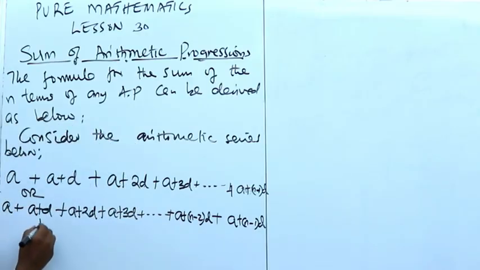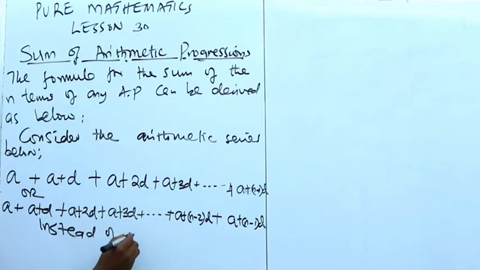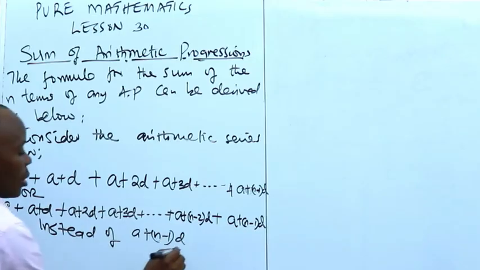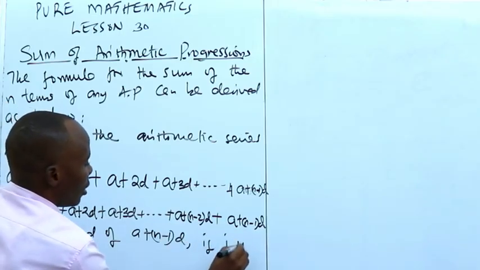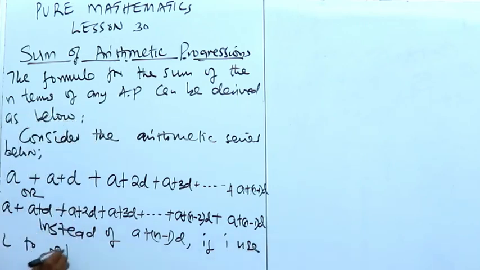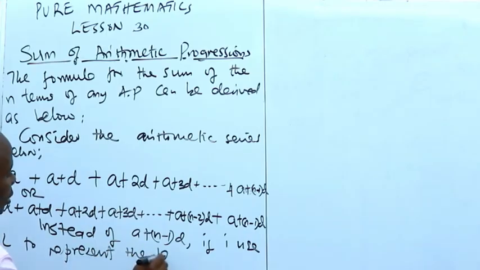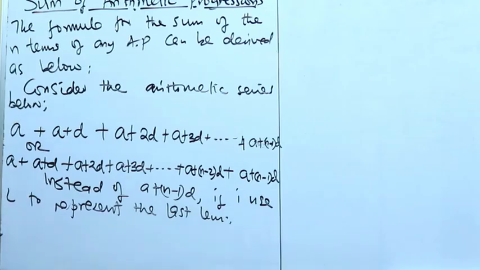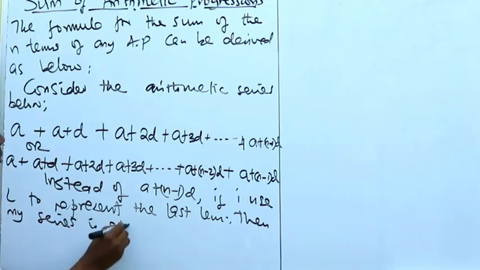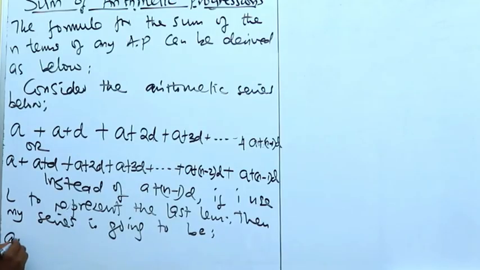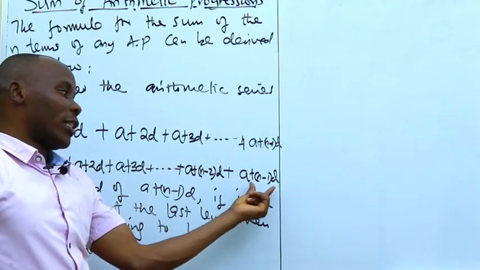Now, instead of A plus (n minus 1) into D, if I use L to represent the last term, then my series is going to be A plus D plus A plus 2D plus A plus 3D plus up to, now I've called this the last term.